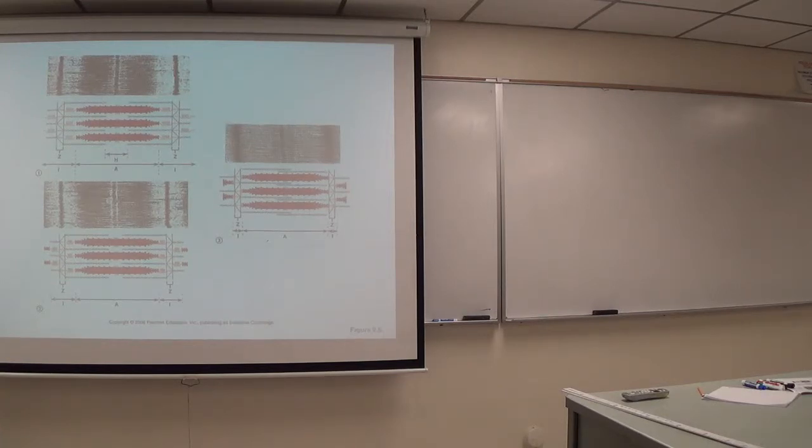Then, on either side of each transverse tubule, we have a modified smooth endoplasmic reticulum which stores calcium ions. And so instead of smooth endoplasmic reticulum, we use that sarco term again, and it's called the sarcoplasmic reticulum. All right?